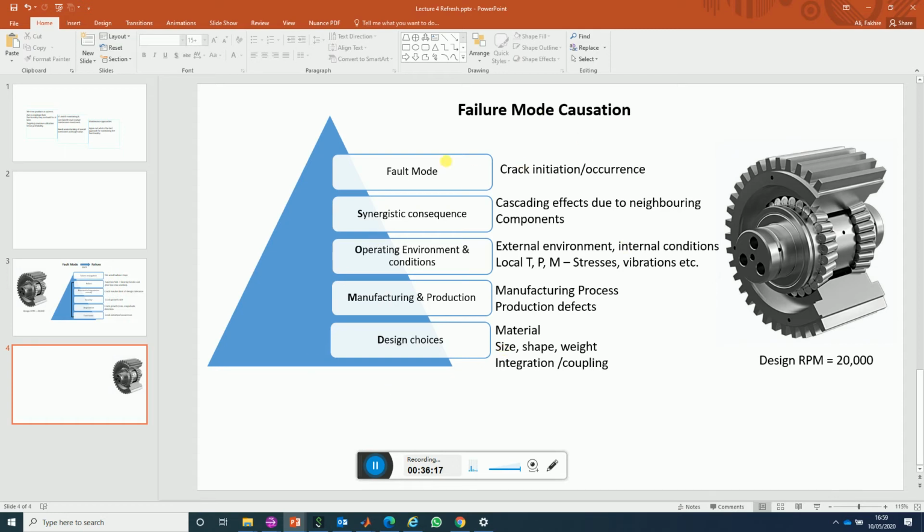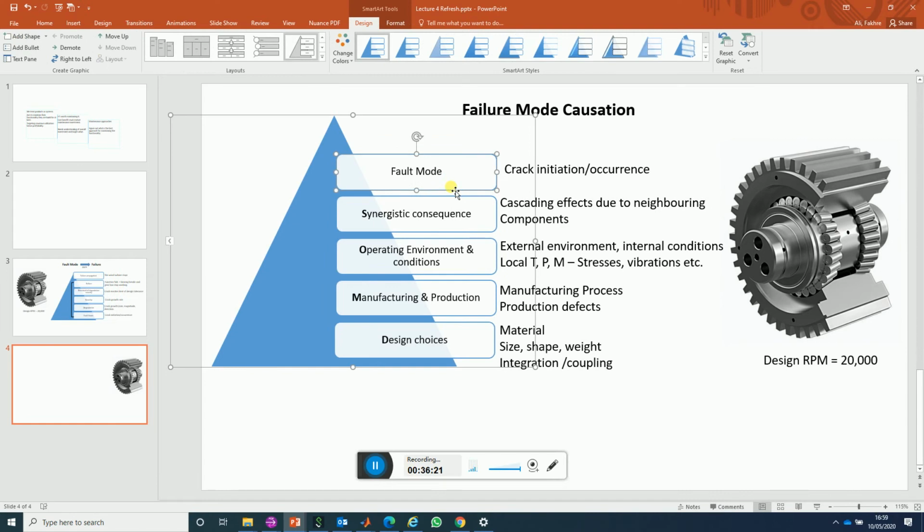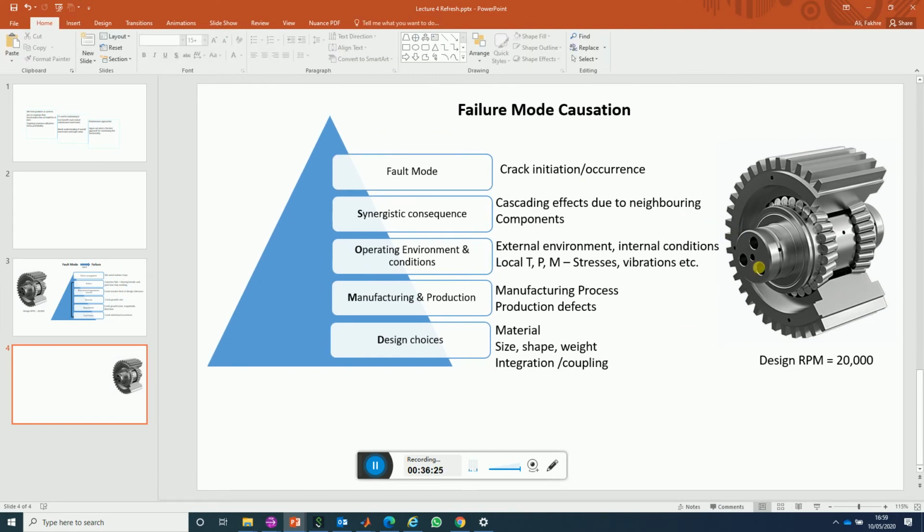But we have to be very careful about how we cause a fault mode in a given system. Okay, and I'm gonna stick to this example.